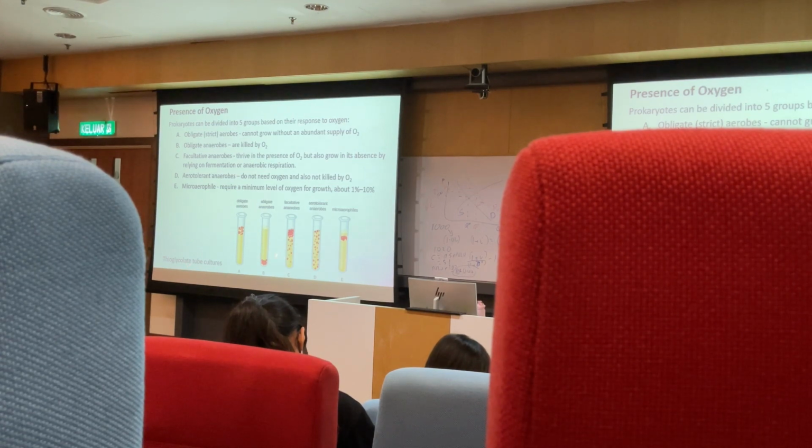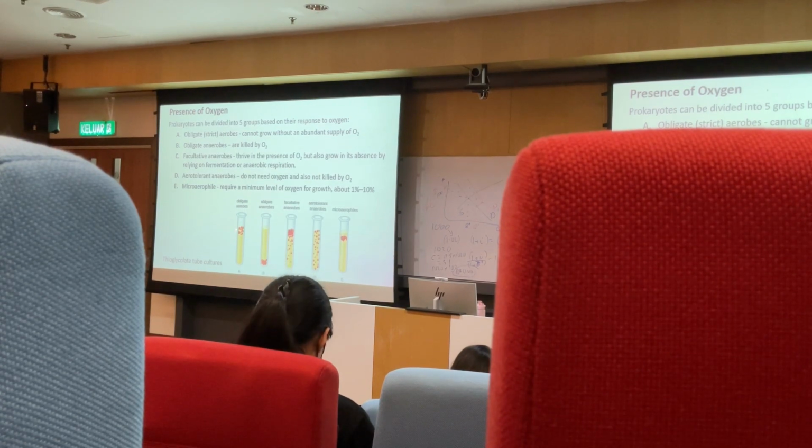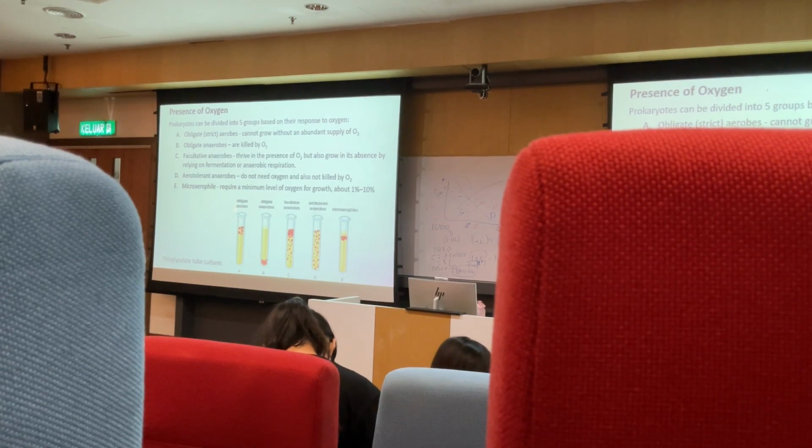So in the tube without the oxygen, we will create the growth of the bacteria at different levels in the tube, depending on where they grow. Then we can define whether they are obligate aerobes, obligate anaerobes, facultative anaerobes and so on.